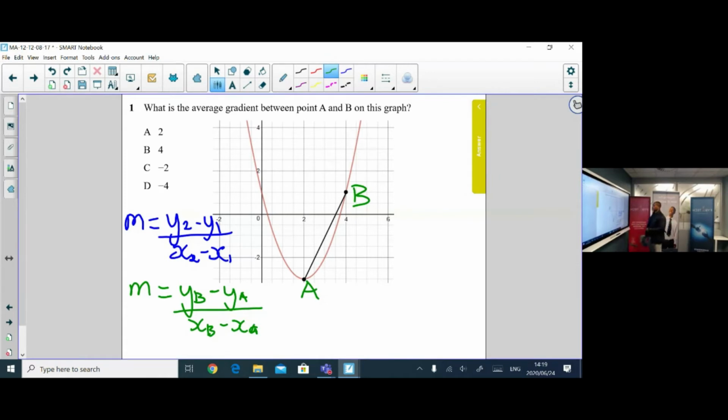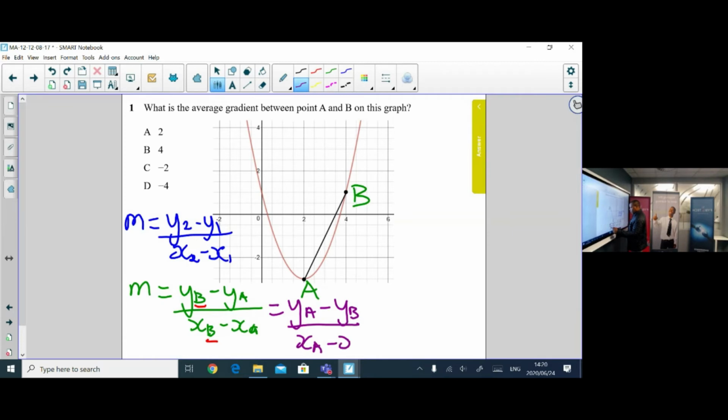The important aspect here is to look out not to mix your A and B or your 1 and 2. If you start with B, make sure that on the denominator you also start with B. If you start with A, make sure that on the denominator you also start with the same A. So this would still give you the same answer, even if I exchange them, but I have to make sure that my x is complete.